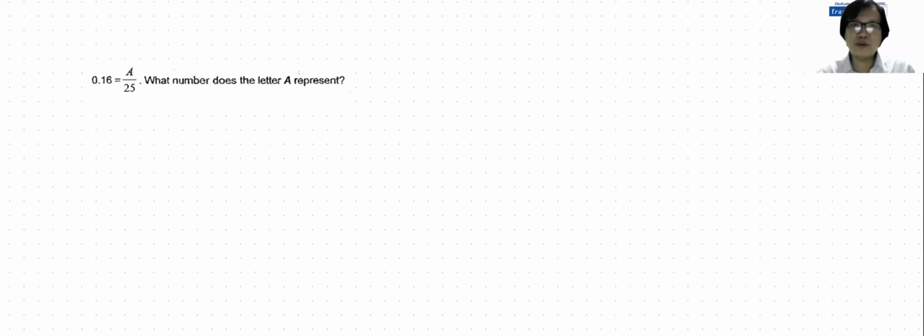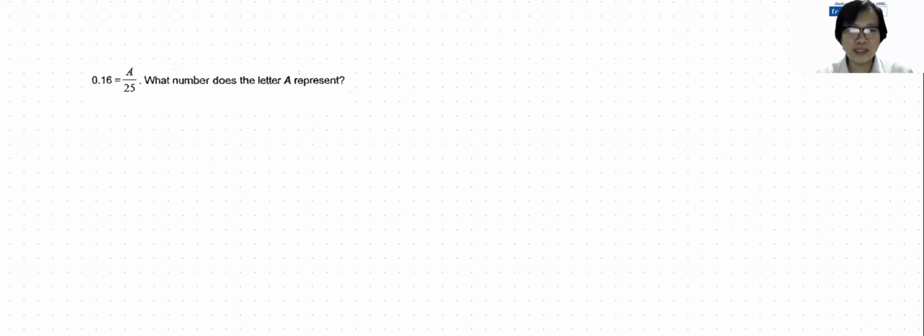Now, this looks like a very easy question for a secondary school student because in secondary school, you will have learned to multiply both sides by the same number so that they cancel each other out. So in this case, if this is a secondary school question, we will multiply both sides by 25.